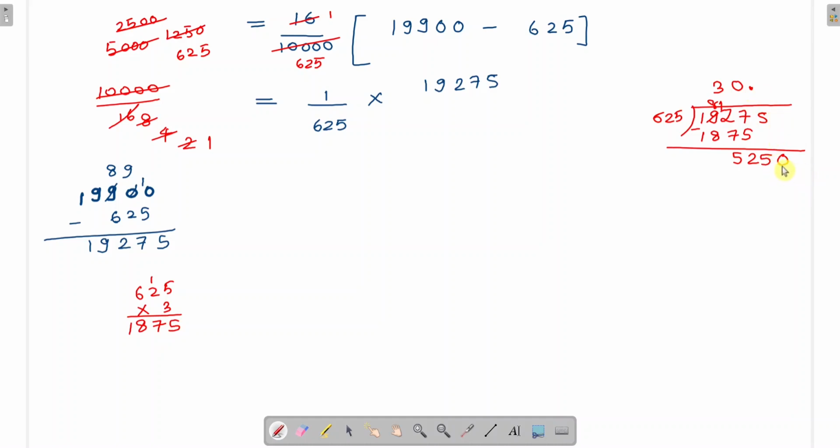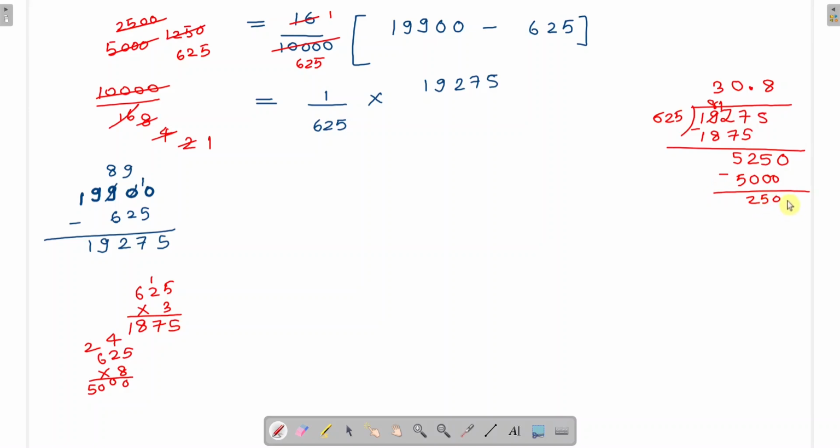Okay, now 625 8 is the, let us see, 5 8s are 40, 8 to the 16 plus 4 is 20, 8 6s are 48 plus 2 is 50. Yeah, so 8 the 5,000, so that is 250.